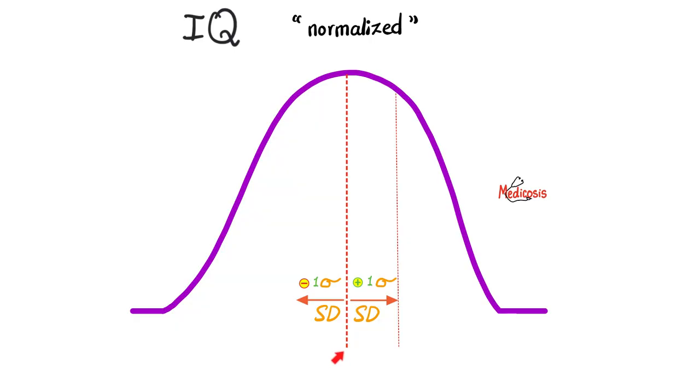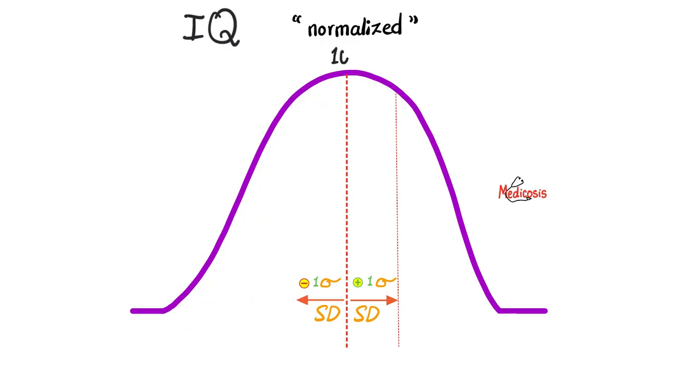Okay, what's the standard deviation of the mean? You can go up, you can go down. You can go one standard deviation above or one standard deviation below. You can go another standard deviation above and another standard deviation below, etc. One standard deviation is called 1 sigma. 2 standard deviations are called 2 sigma. 3 standard deviations, 3 sigma, etc. But when you go below the mean, it's -1 sigma, -2 sigma, or -3 sigma.